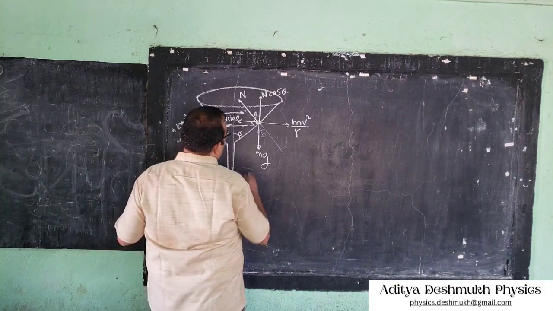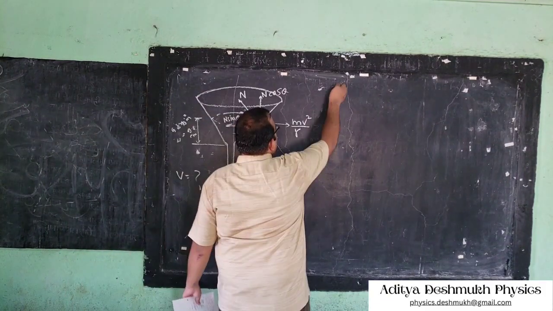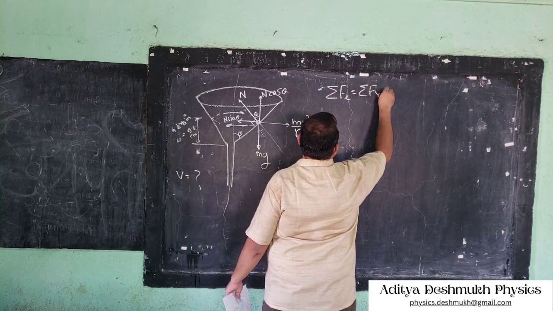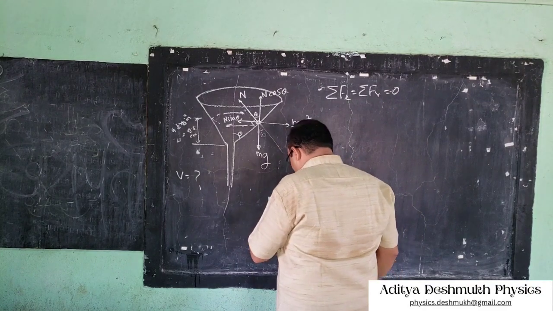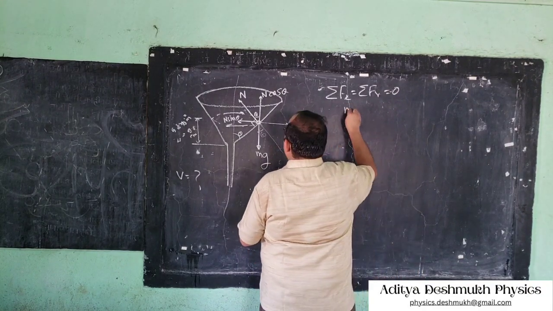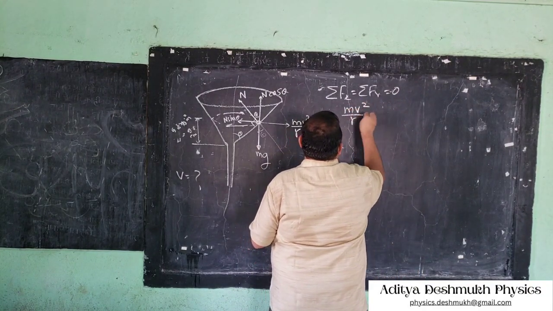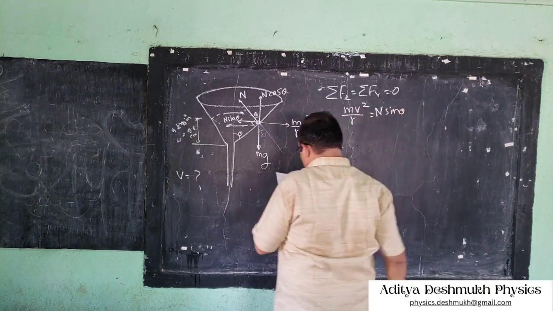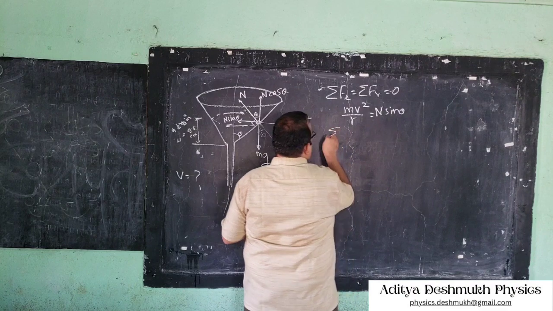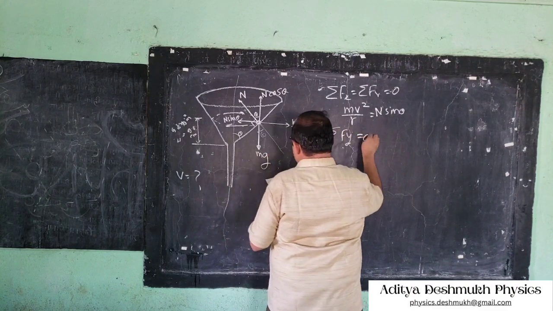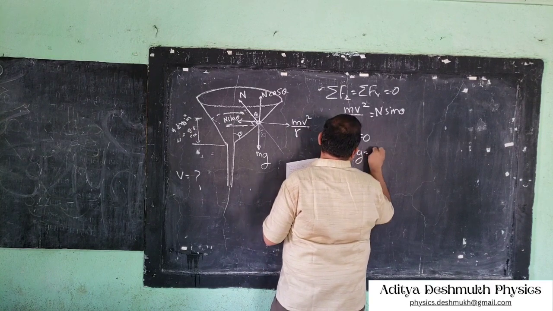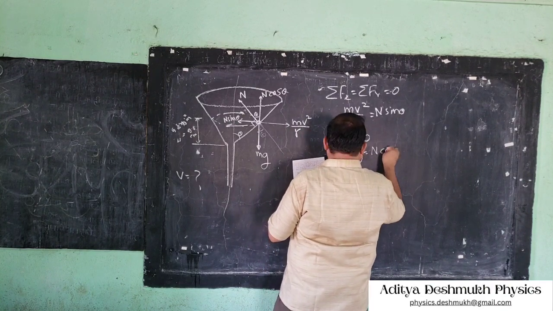If I take force balance along r, summation of Fr equal to 0, then I will get mv square by r equal to N sin theta, and summation of Fy equal to 0, which will give me mg equal to N cos theta.